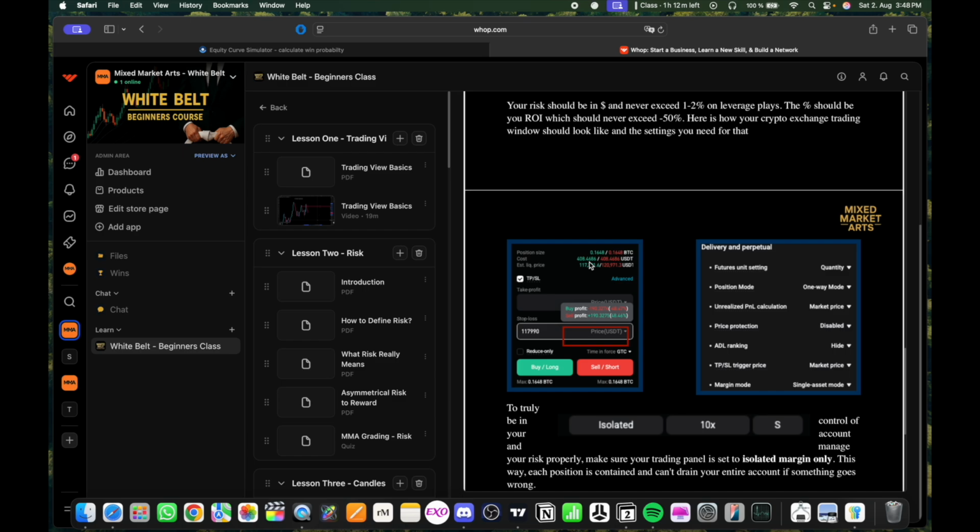So on a 10x leverage, this is a 4K position size. And with this 4K position size, your maximum loss with your stop loss is still just $200. And your margin is $400. If you get liquidated, your $400 are gone. If you get stopped, your $200 are gone.